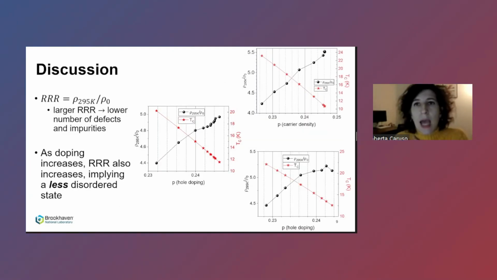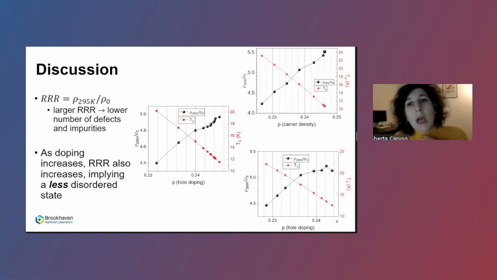Now, to interpret this behavior, we plot the residual resistivity ratio versus hole doping. So residual resistivity ratio, RRR, is defined as the ratio between resistivity at room temperature and the extrapolated resistivity at 0 temperature. The plots here are for the 10 micrometers device, 20 micrometers device, and 50 micrometers device.